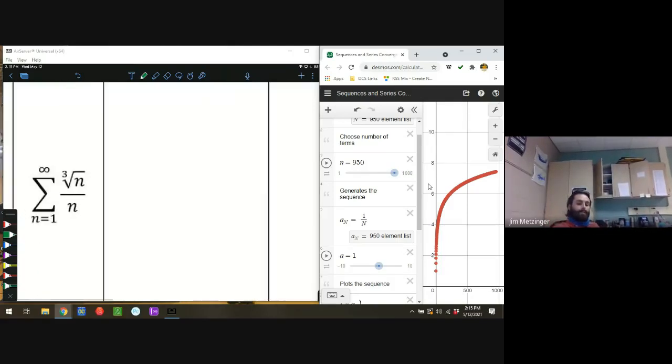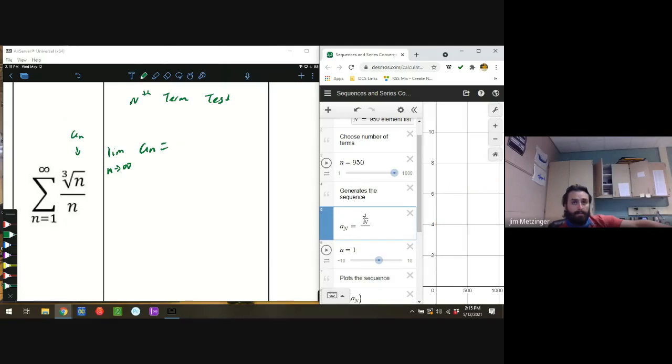Yeah, nth term test result first. So this must be a of n. What is the limit as n approaches infinity of a of n equal to?